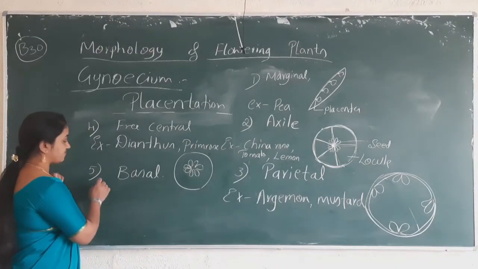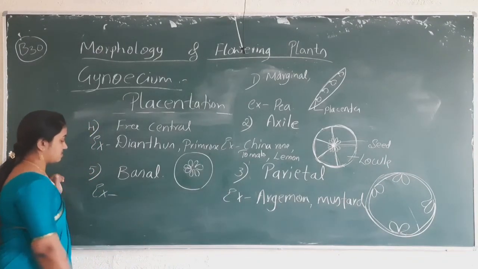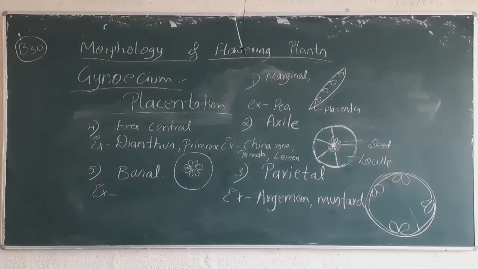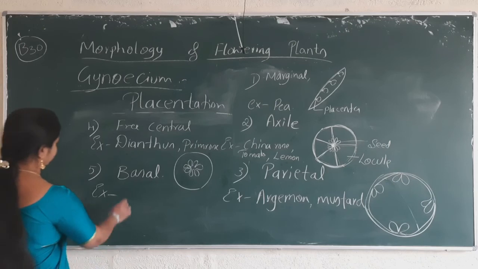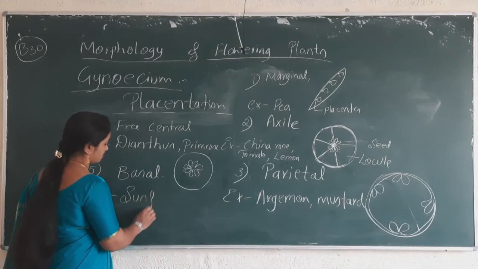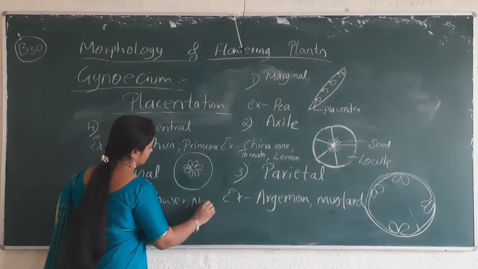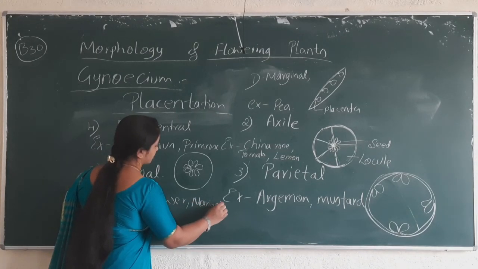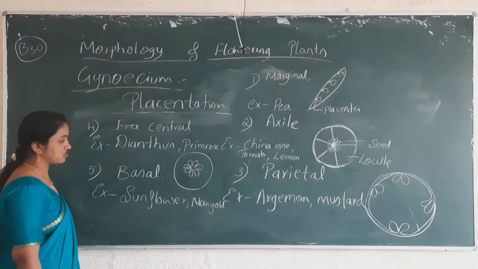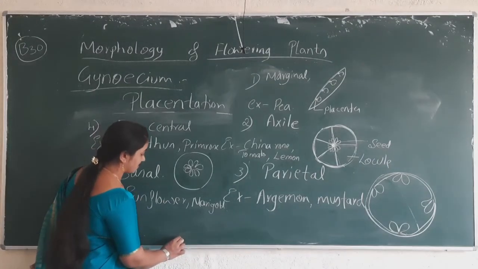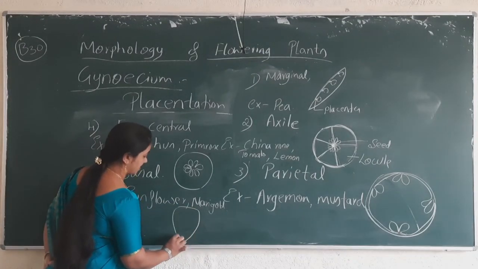Now you might have seen species like the sunflower and marigold. In the sunflower and marigold, the ovules will be present at the basal part.